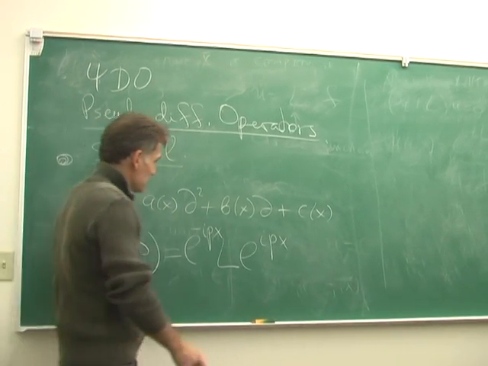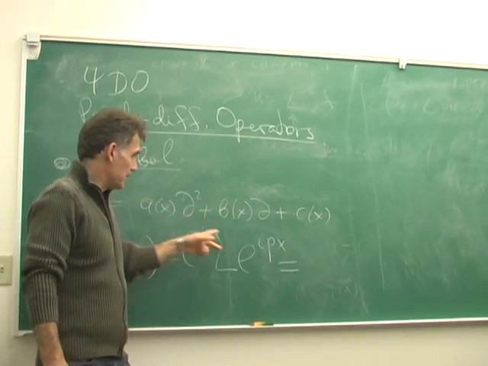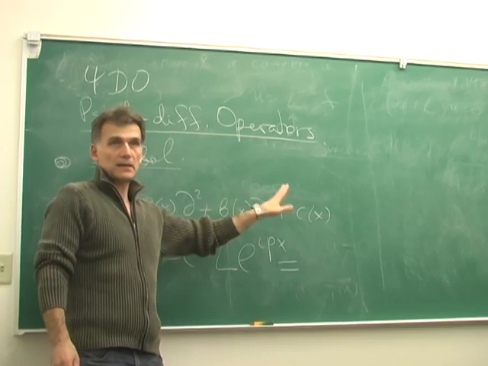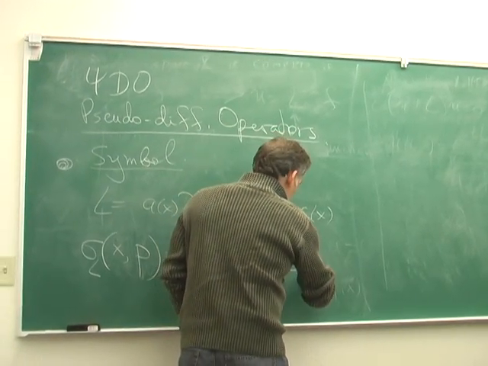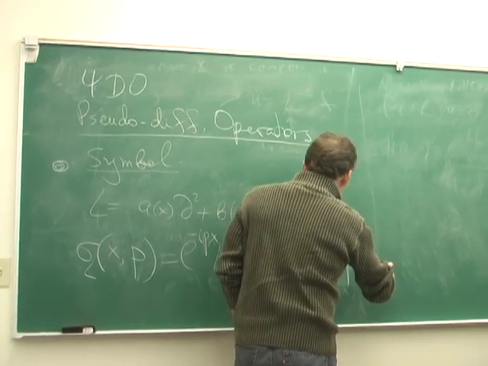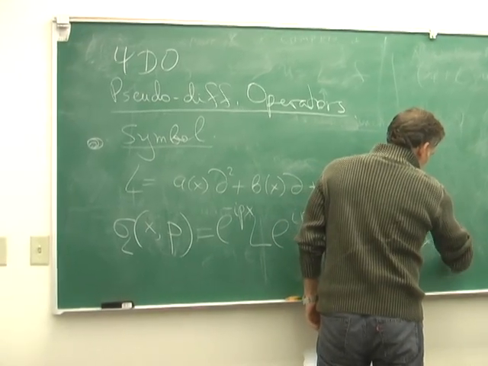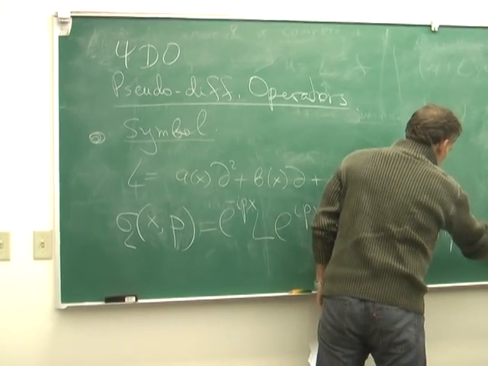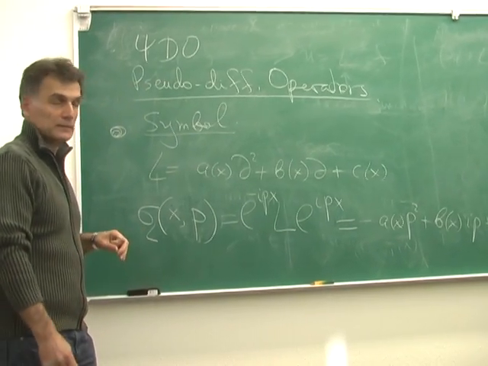So if you do this, then the net result is that you replace the derivatives by ip. That's exactly how it acts on the Fourier transform. So you basically get negative a of x p squared plus i b of x p plus c. So this is called the symbol of the operator L.